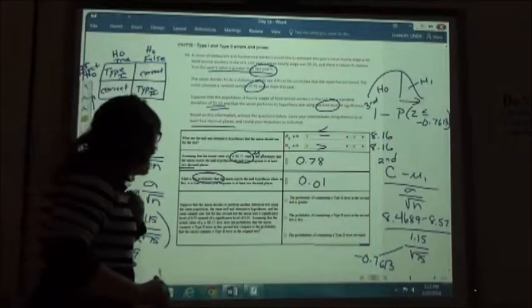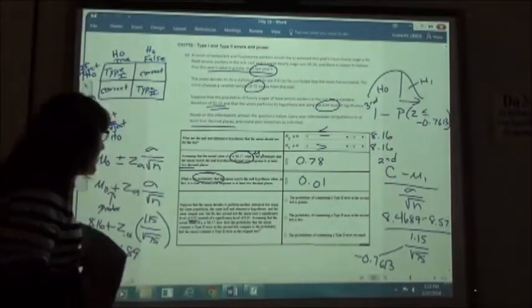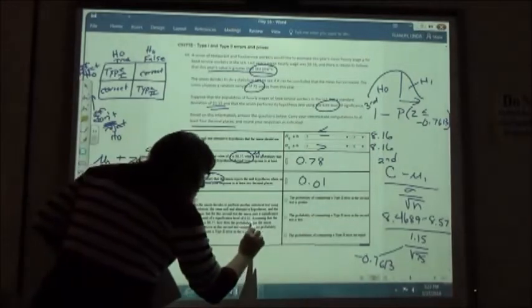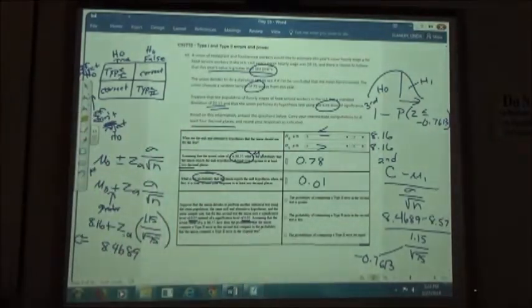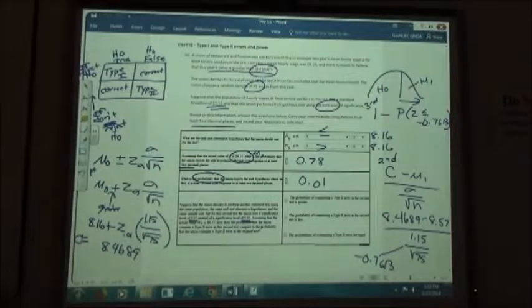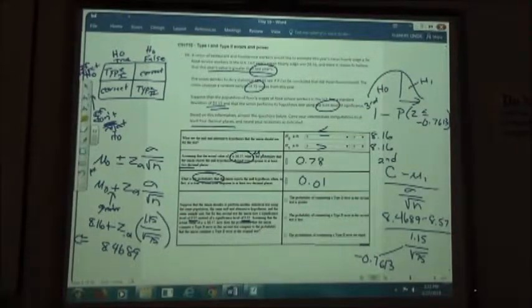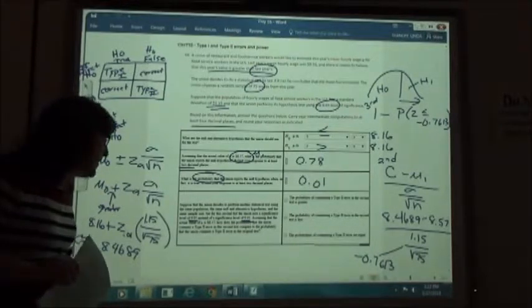But for the second test, the union uses a significance level of 0.05 instead of 0.01. Assuming that the value of $8.57 stays the same, how does the probability that the union commits a type 2 error in the second test compare to the probability that the union commits a type 2 error in the original test?